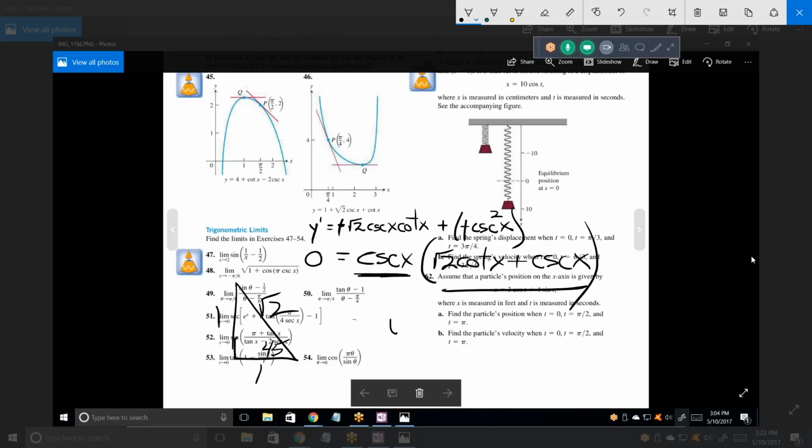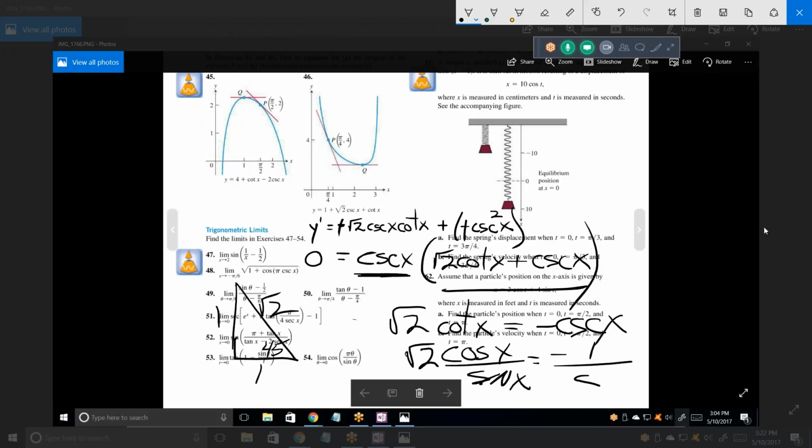Well, gee, square root of 2 cotan x has to equal minus cosecant x. Last time I converted them both to sines and cosines to make it a little easier. Let's try that again. Square root of 2 cosine x over sine x equals minus 1 over sine x.